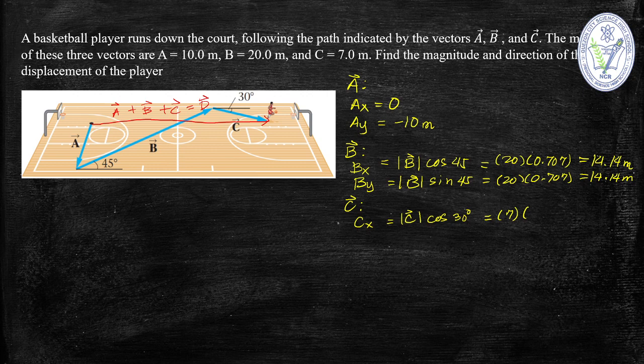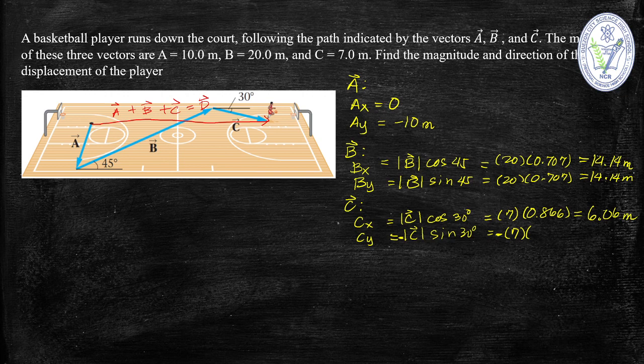Cosine 30 is 0.866 times 7. So this is approximately 6.06 meters. For Cy, we have the magnitude of C sine 30 degrees, but let's not forget that this is found at the fourth quadrant, so let's add the negative sign immediately, so we will not be forgetting.